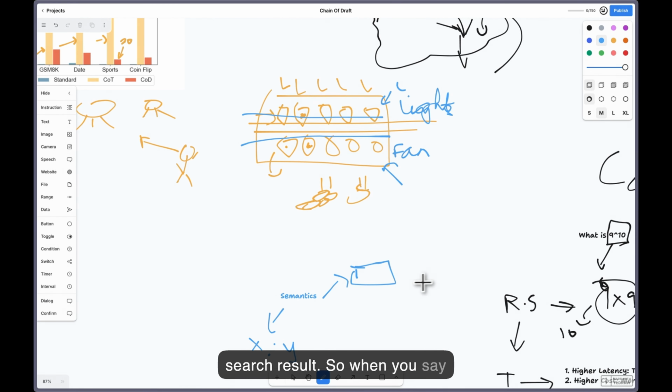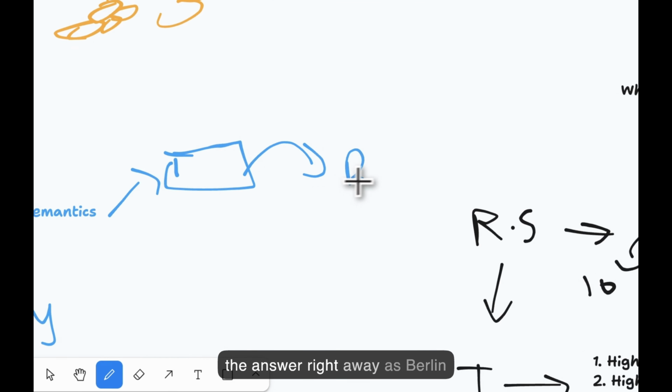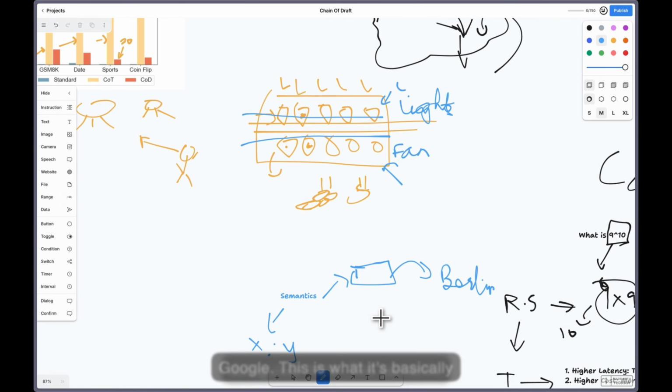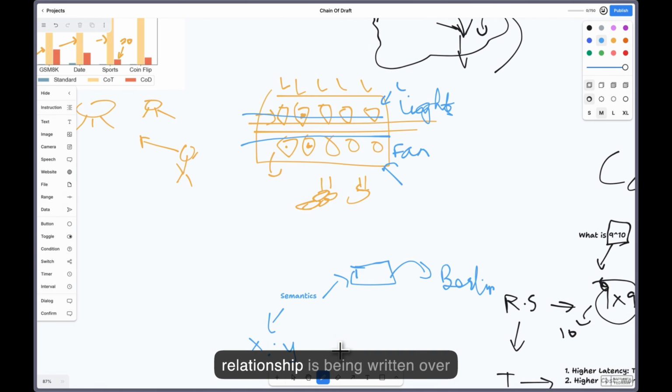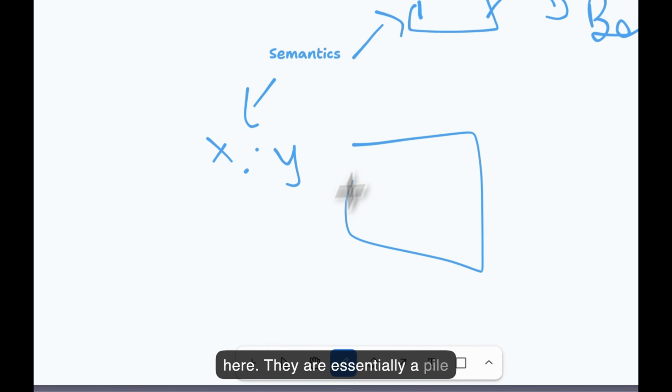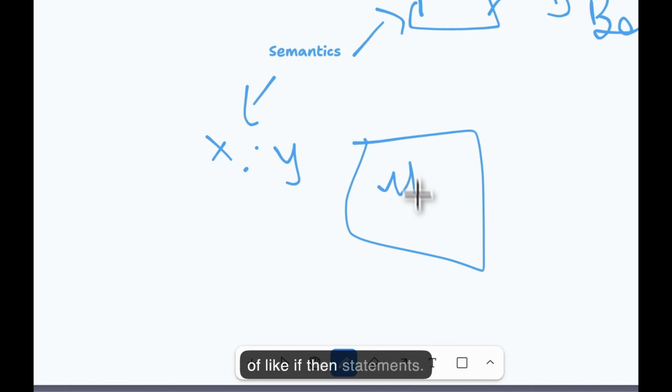So when you say, let's say, the capital of Germany, sometimes it will just show the answer right away as Berlin, instead of making you search on Google. This is what it's basically doing over here. The semantic relationship is being written over here. They are essentially a pile of if-then statements.